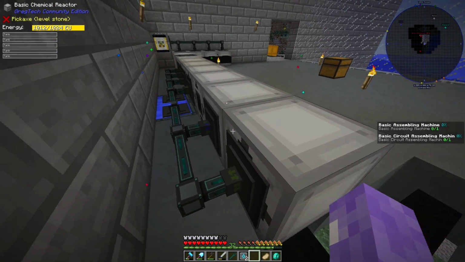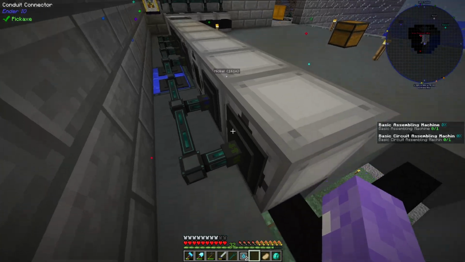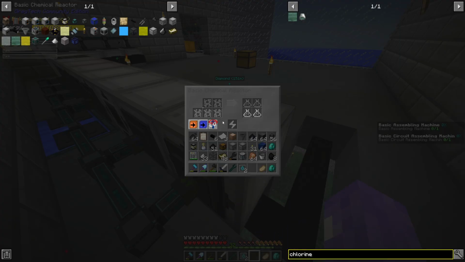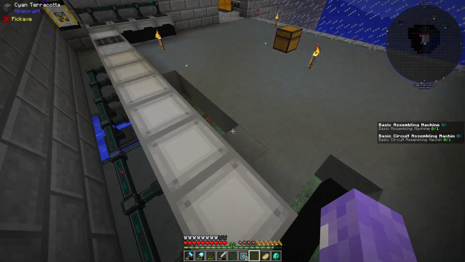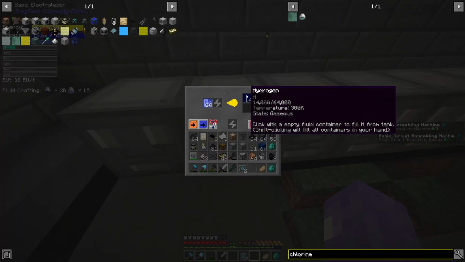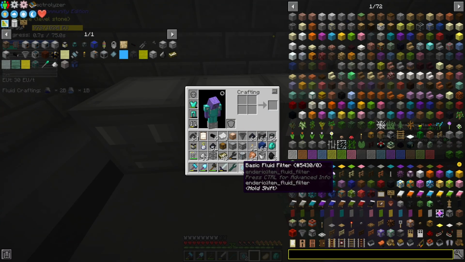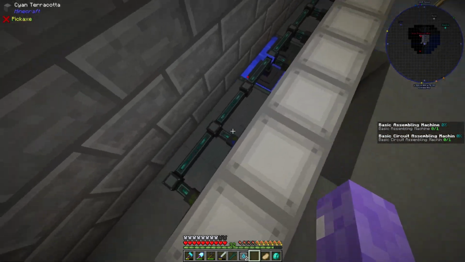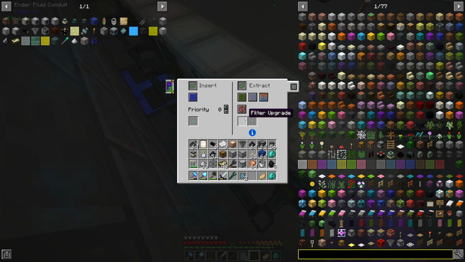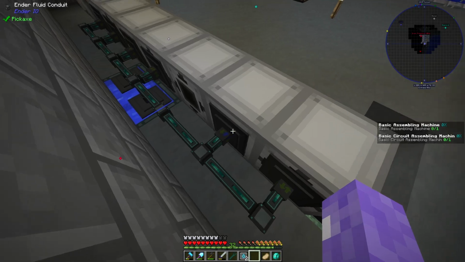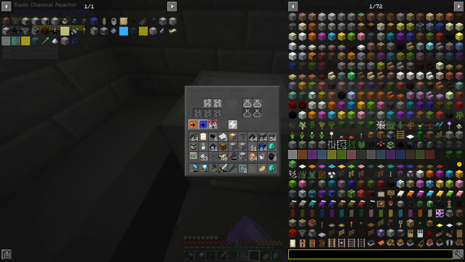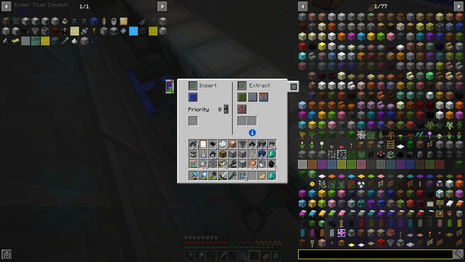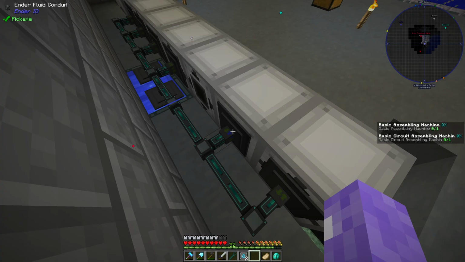So it should be inserting. This should have hydrogen. No? Okay. Still have hydrogen in here. Why no hydrogen? Do I need to have an export filter for the hydrogen?